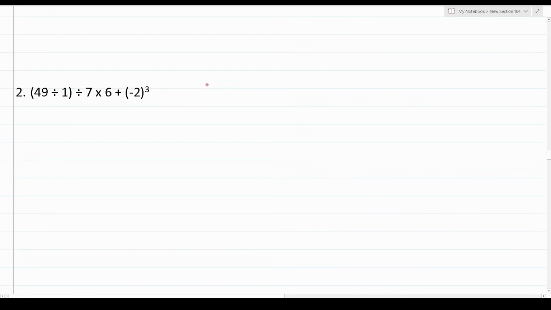All right, so we're going to be using the order of operations to simplify this expression that we have here for number 2. And if it's helpful, you can always write those order of operations out. I would strongly encourage you to write them out if you see a question like this on the test. Again, we work on parentheses first, exponents next, multiplication and division as they appear in the expression from left to right.